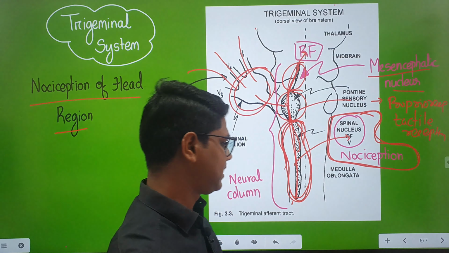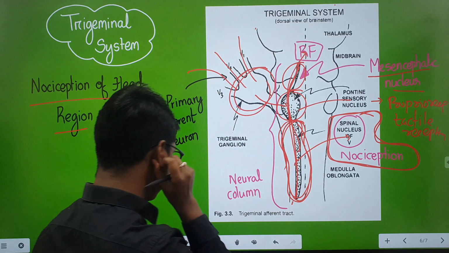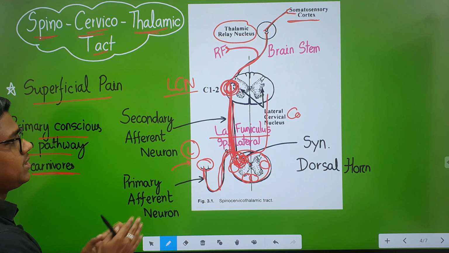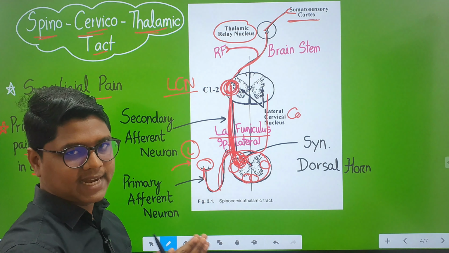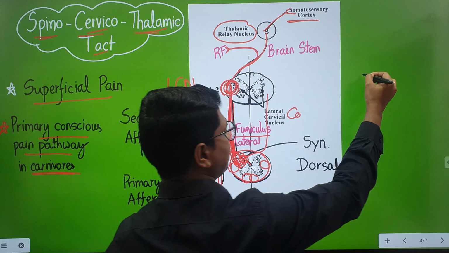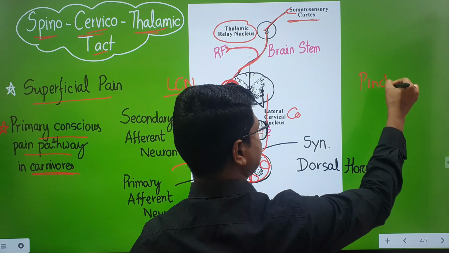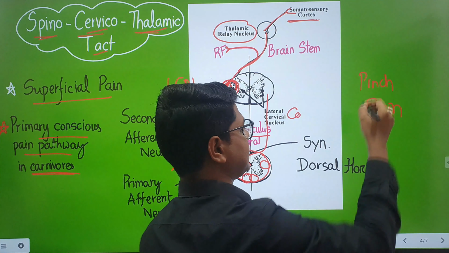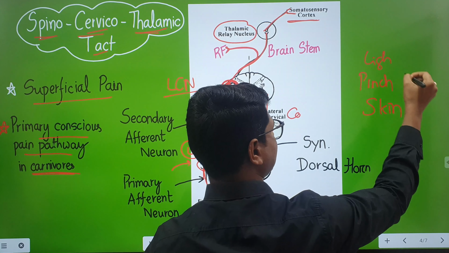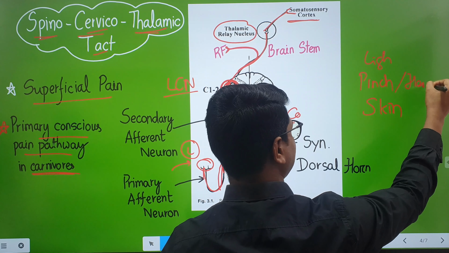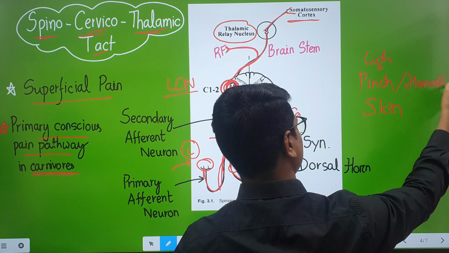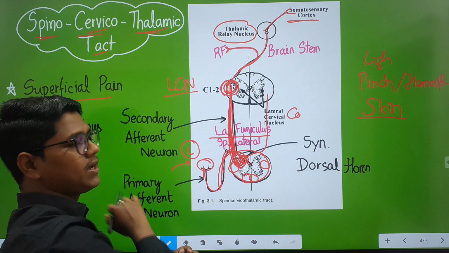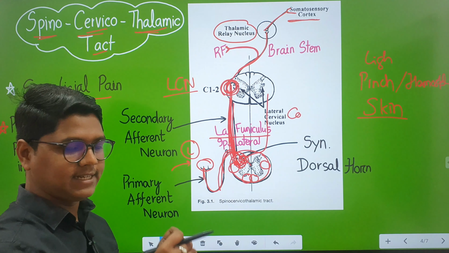So these are basically the three pain pathways, and remember for testing: if you want to test whether this tract is intact or not, you can simply pinch the skin, not severely, just a light pinch, or you can lightly apply a hemostat on the skin. If the animal responds, then you can say the Spino-Cervical-Thalamic tract is intact.